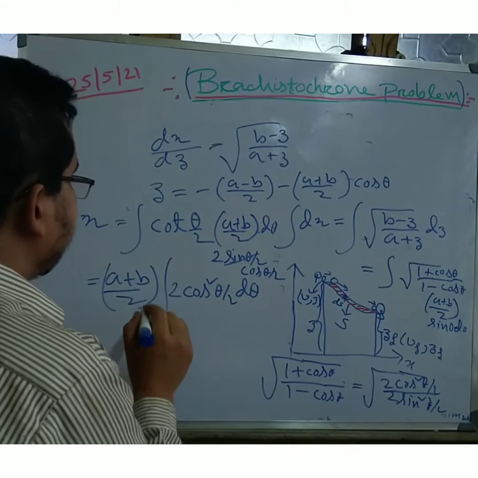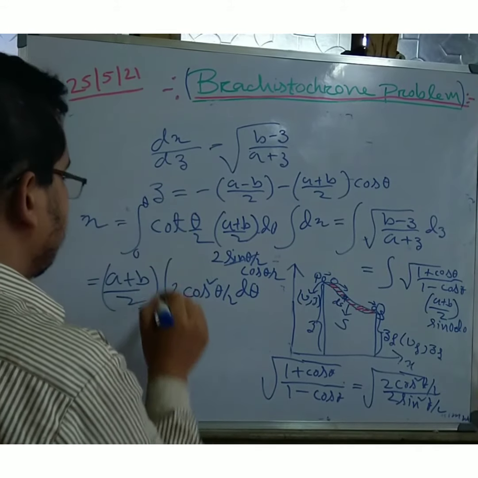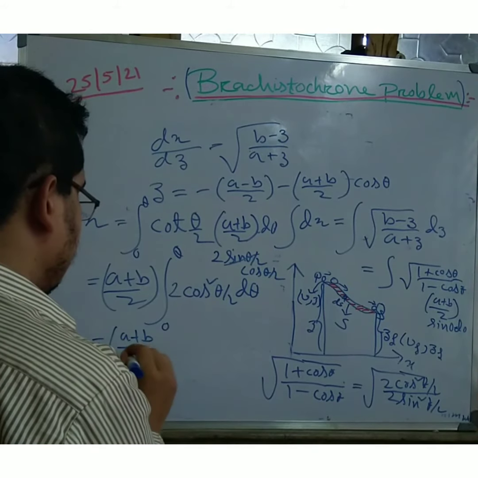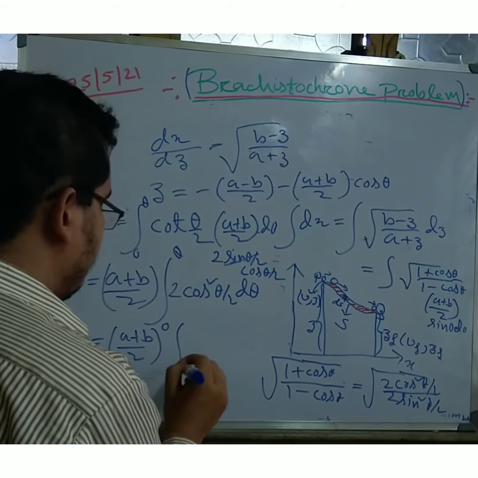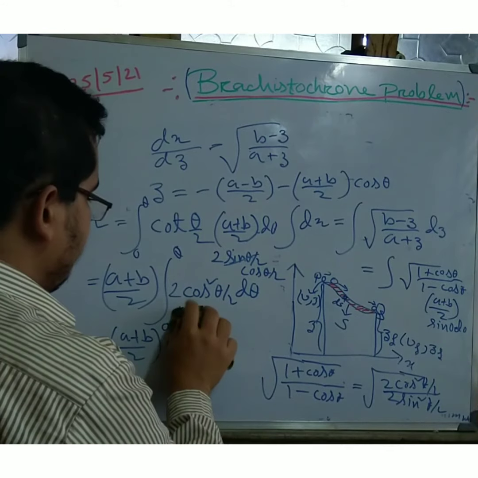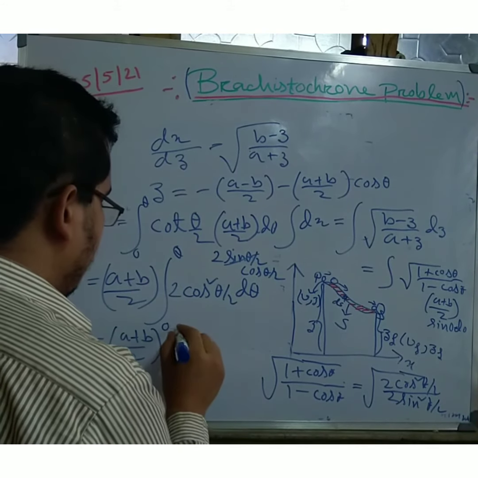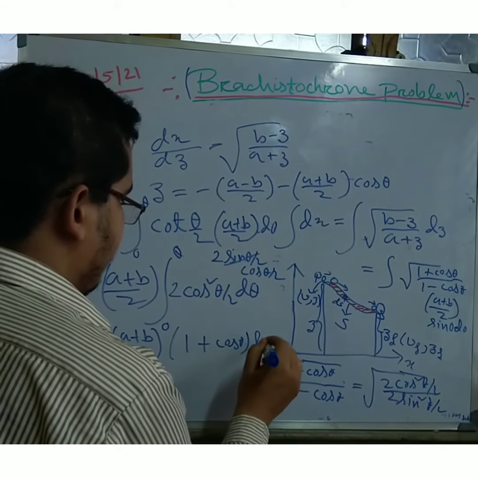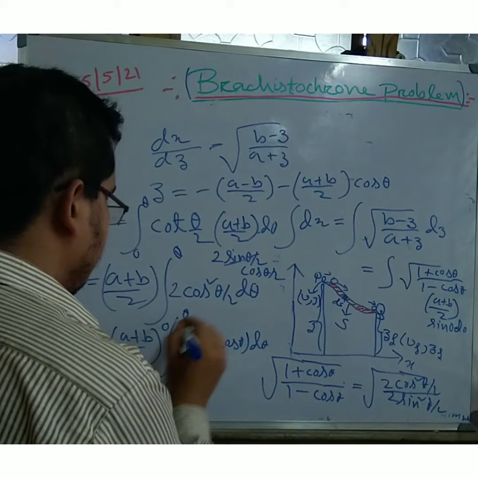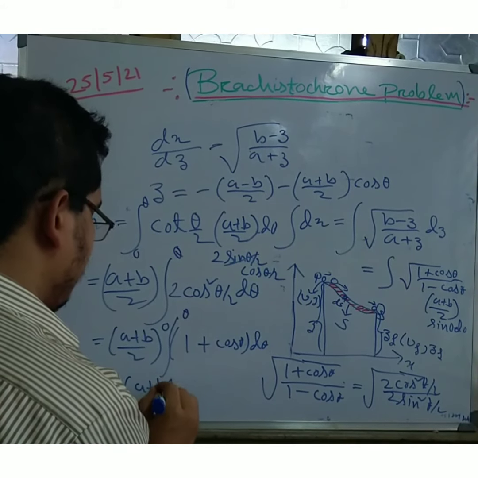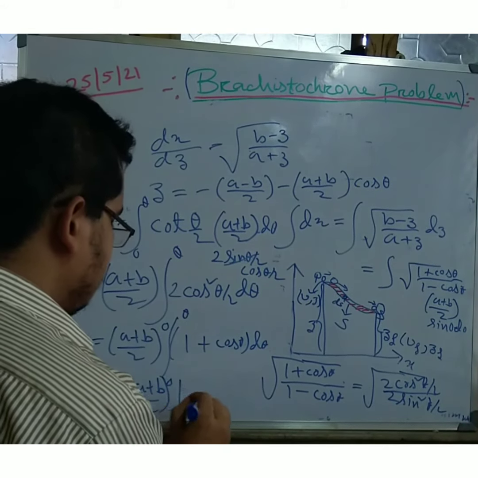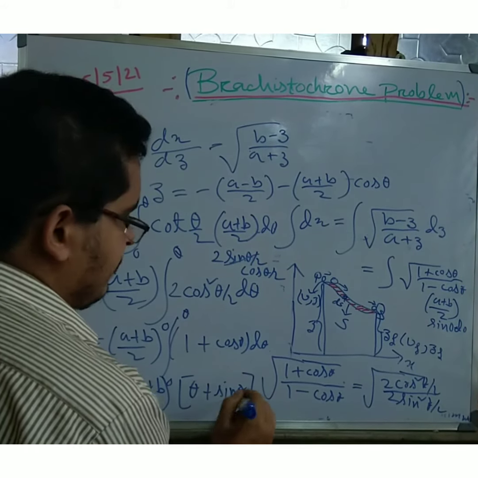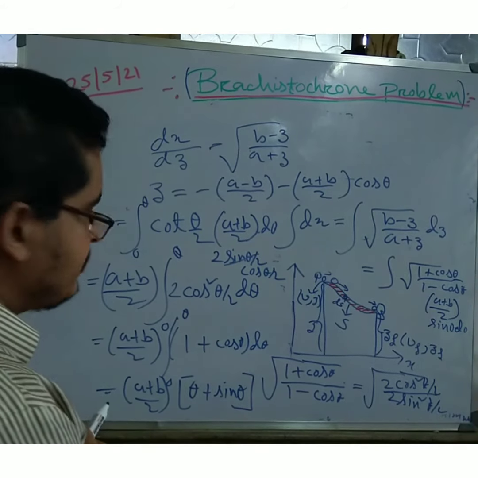After that the integral is from 0 to theta, a plus b divided by 2, and 2 cos square theta by 2 means 1 plus cos theta d theta from 0 to theta, and after that it can be this way: a plus b divided by 2 into theta plus sin theta. This is my total, a plus b divided by 2 into theta plus sin theta.